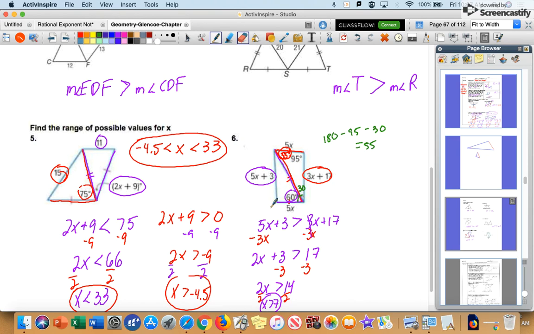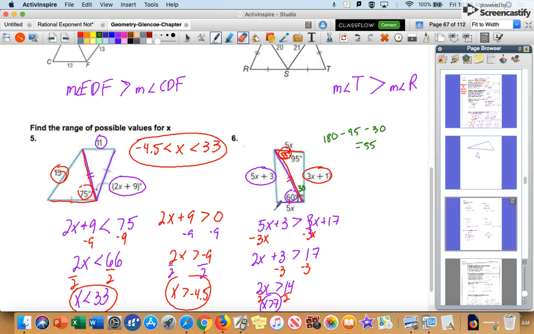Does it have to be less than something? Does 5x plus 3 have to be less than something? Is there an upper bound to what that side length would have to be? In this case, I don't think so. We already figured out the hinge piece. And so it's not like it's an angle where it has to be less than 180 degrees.